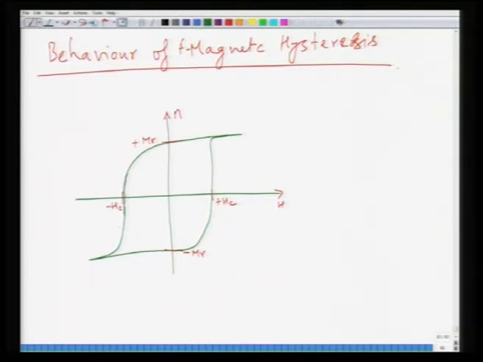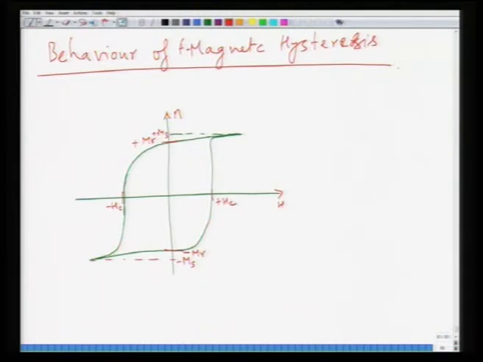Okay. And this is called the saturation magnetization, so plus Ms and minus Ms. These are equal and opposite states, and this again has advantages in the form of their applications.